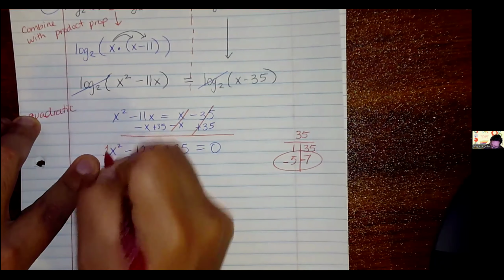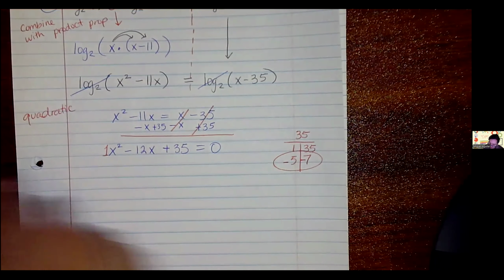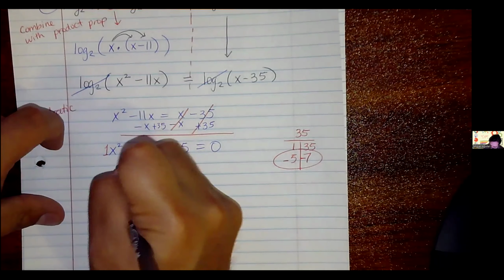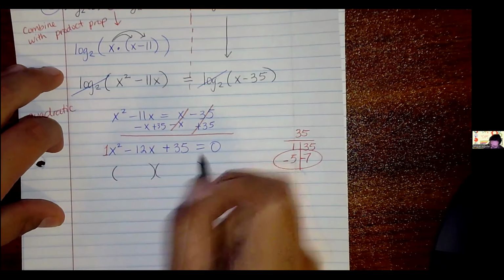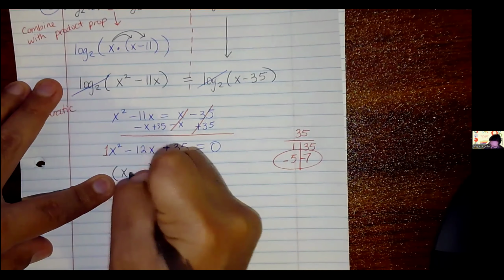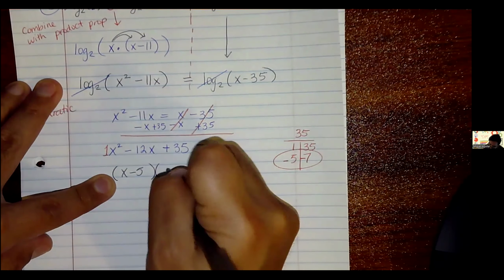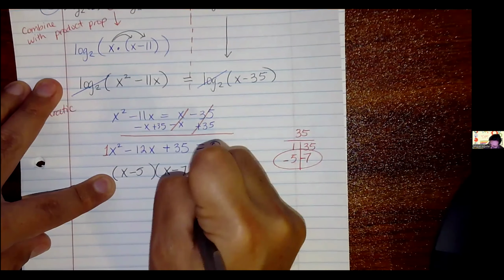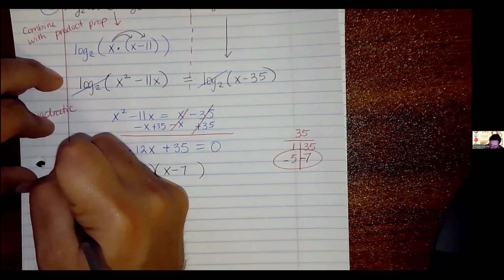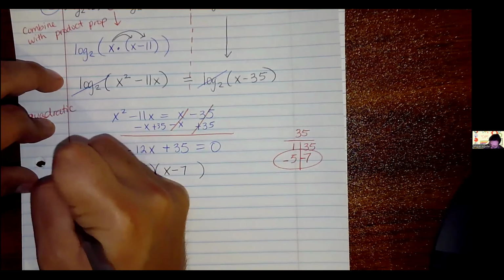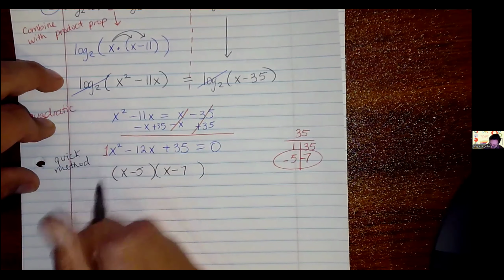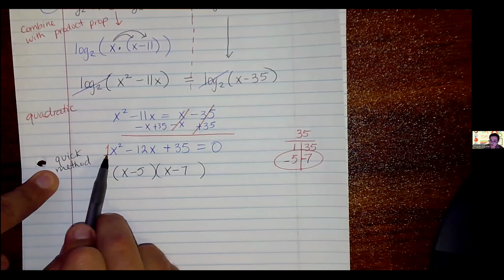Because this has a coefficient of 1, I'm allowed to take these factors and say, okay, this first set of parentheses has an x minus 5, and the second set of parentheses has an x minus 7. So this is just the quick method because we have that coefficient of 1.